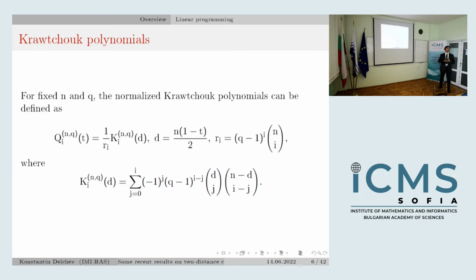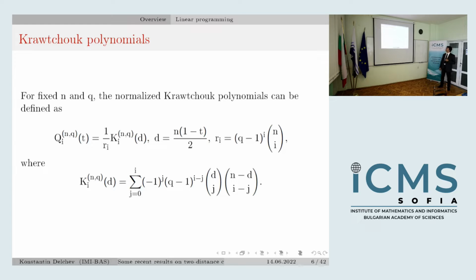Essentially, it relies on the existence of a set of nice polynomials which have a nice addition property which connects them to the orthonormal basis of some nice spaces into which the big space is decomposed. And for Q^n, these polynomials are the normalized Krawtchouk polynomials.